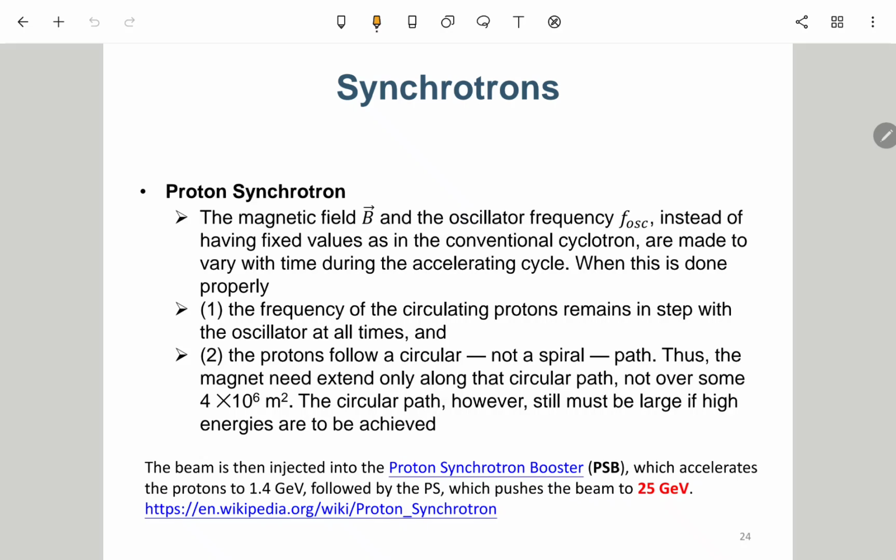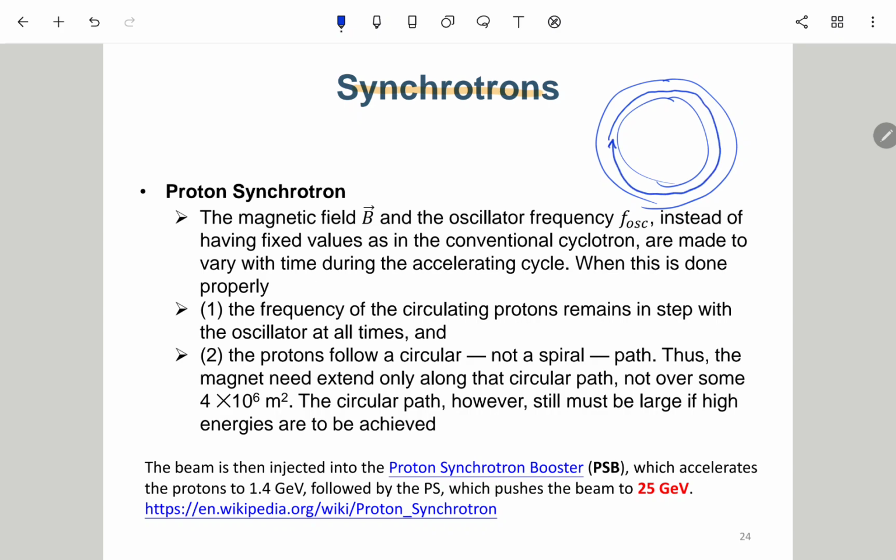Okay, so rather than the cyclotron, we have another one called the synchrotron. We don't try to explain too much, but the idea is to have a structure like this. Okay, so the synchrotron becomes a ring. The locus of the particles is always inside this ring.